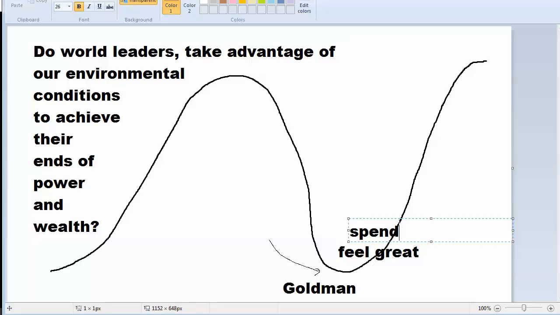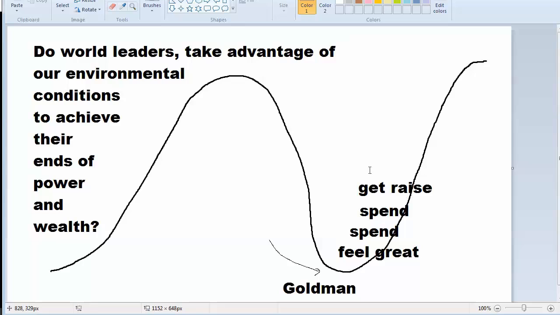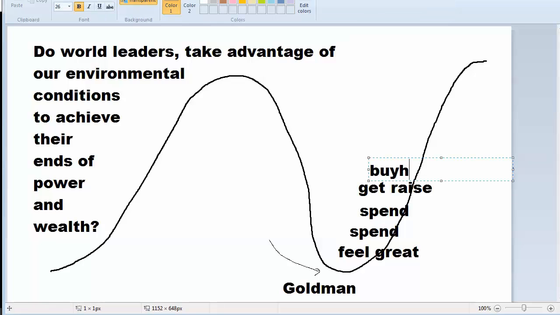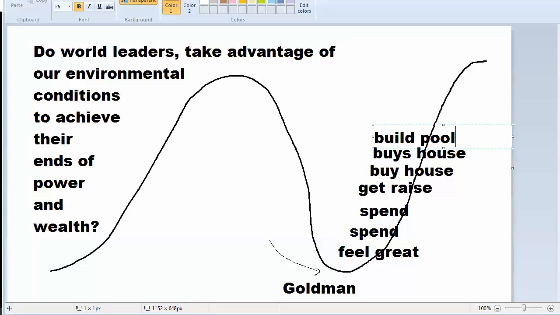They spend. And then they spend. And then what happens? They get a raise. And then when they get a raise, Dave, what do they do? They buy a house. And then their friend buys a house. And then they sell that house, or they get a second mortgage and what? Build a pool.